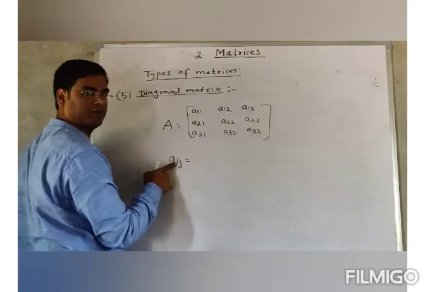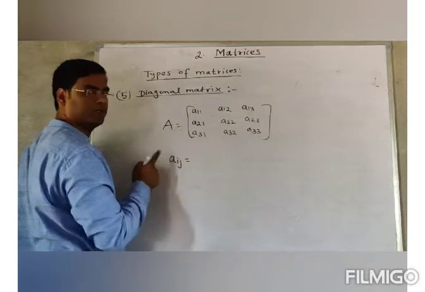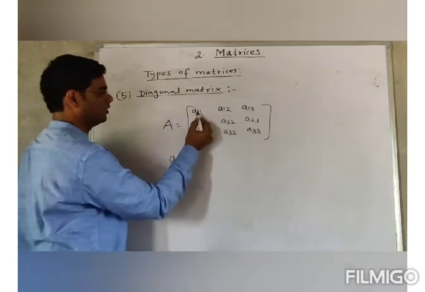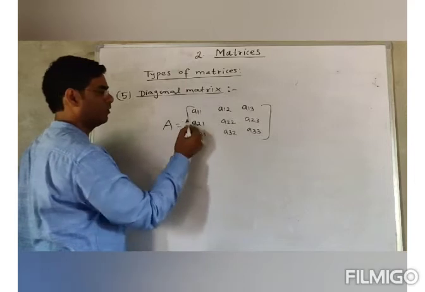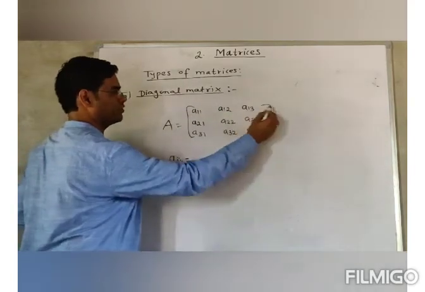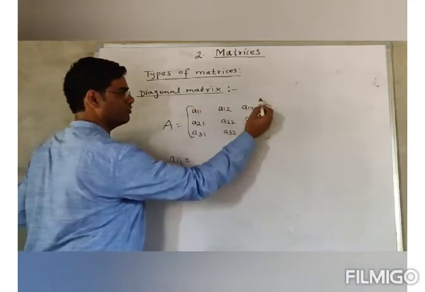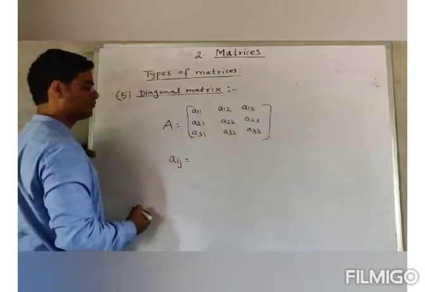I denotes the number of the row and j denotes the number of the column. So Aij is the element of the ith row and jth column. That means A11 denotes the element of the first row and first column. A12 denotes the element of the first row and second column. And A13 denotes the element of the first row and third column, and so on.